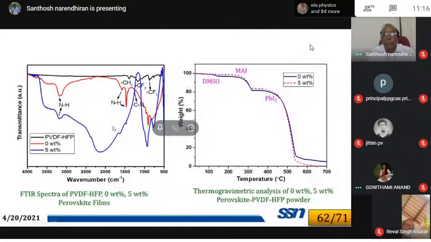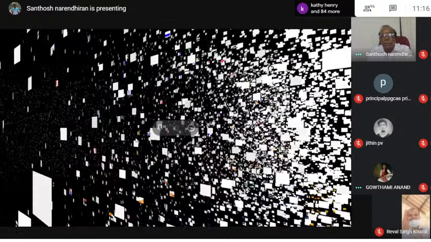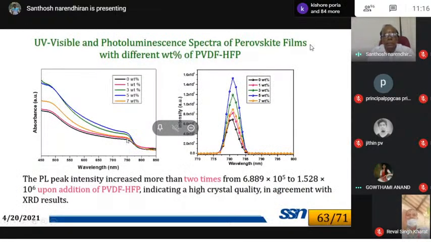And similar studies with TGDTA and FTIR. Similar studies again with absorption spectrum and PL spectrum.